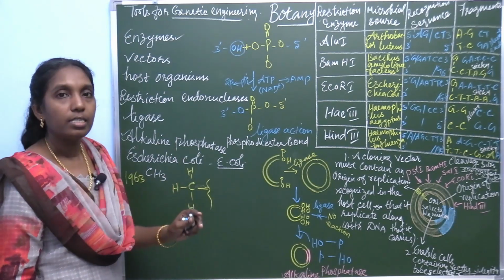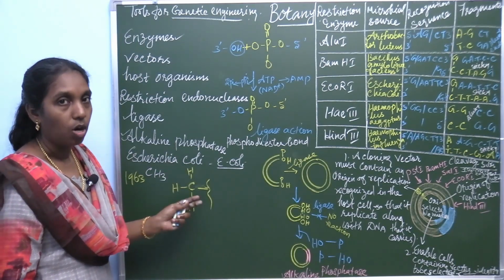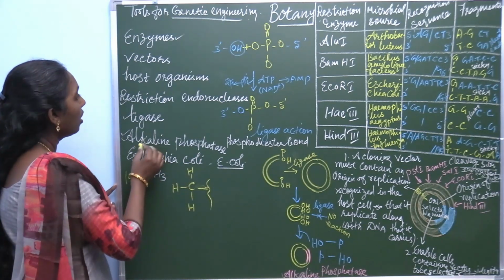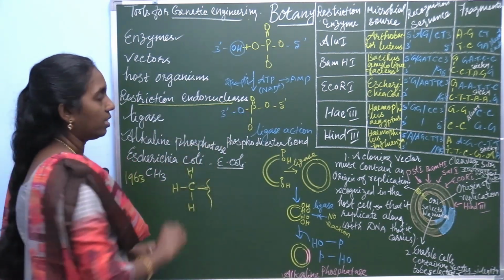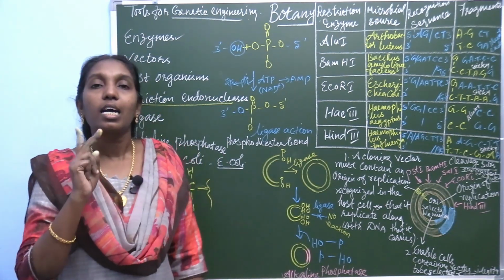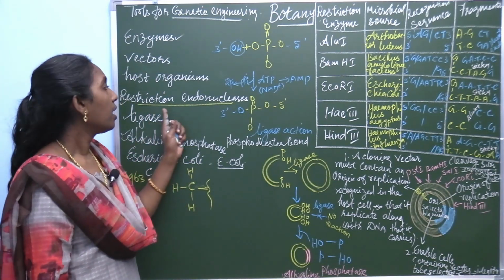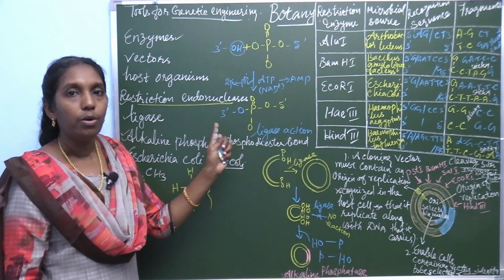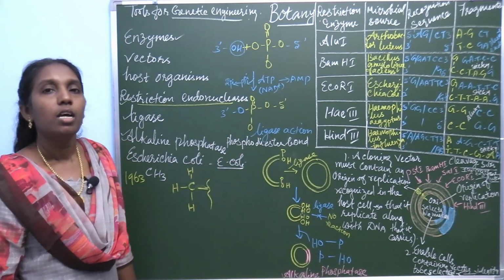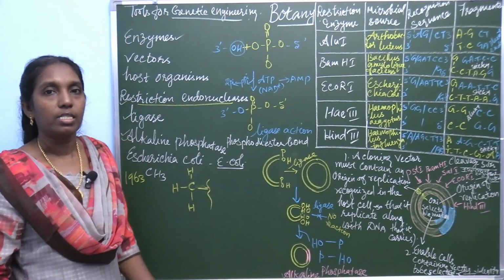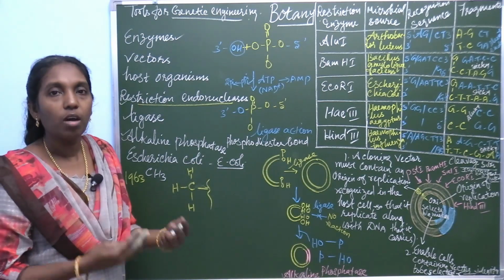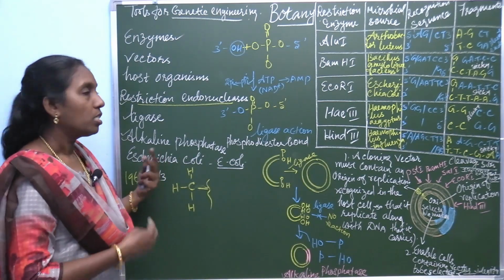The second, later type is called restriction endonucleases because it cuts the DNA sequence. So, this restriction endonuclease depends upon its mode of action or its function.